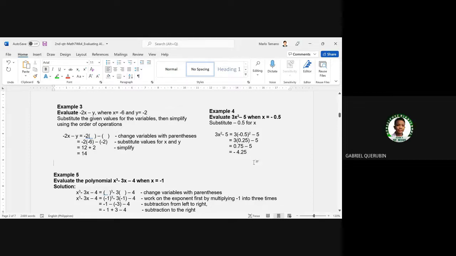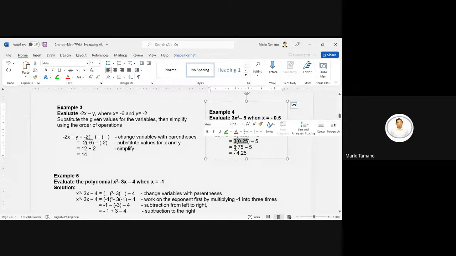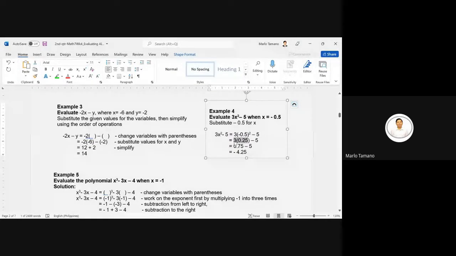Pagkatapos niyan, since multiplication po ang higher order, huwag muna kayong mag-subtract, multiply muna kayo. 0.25 times 3 is 0.75.